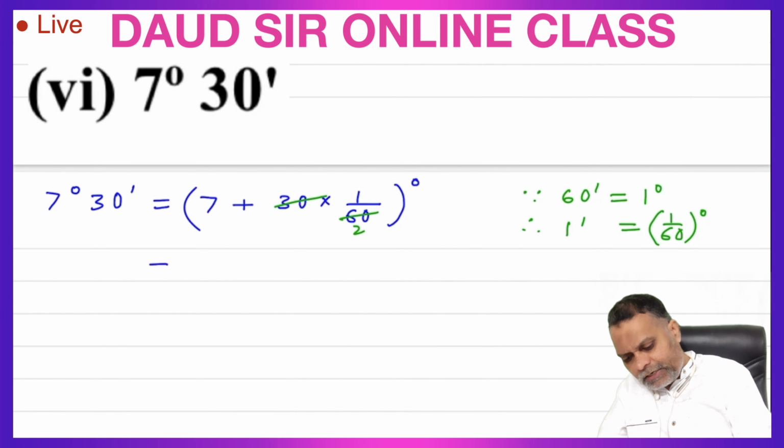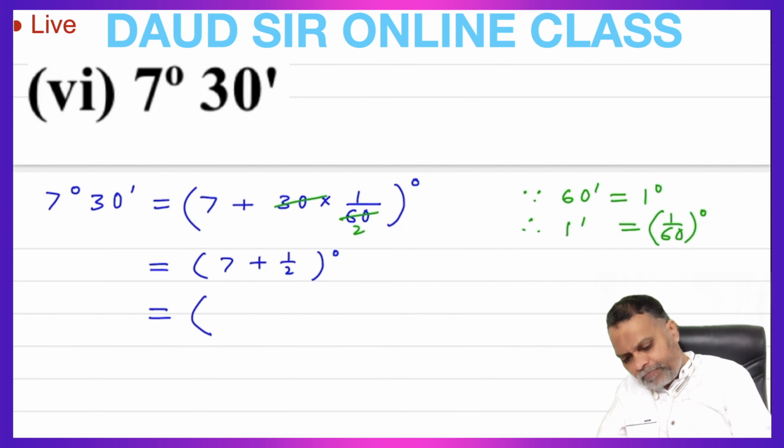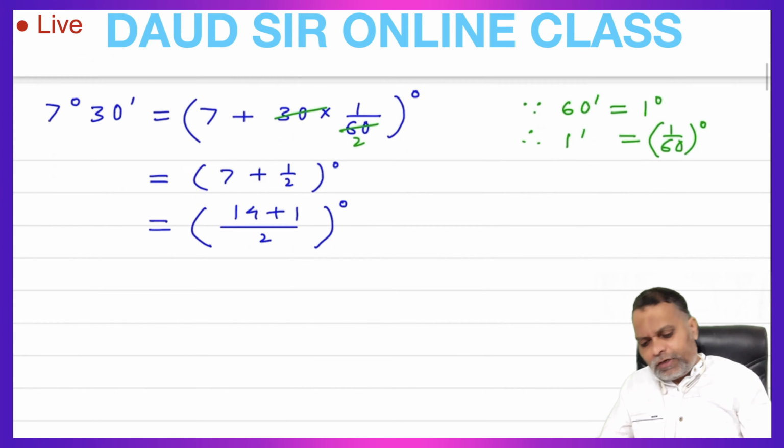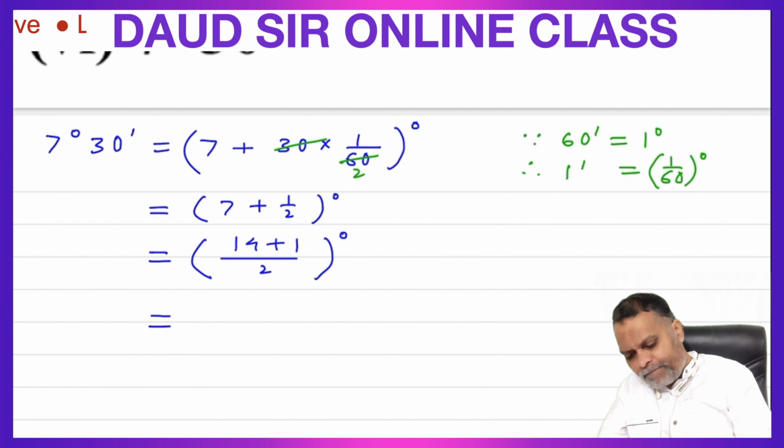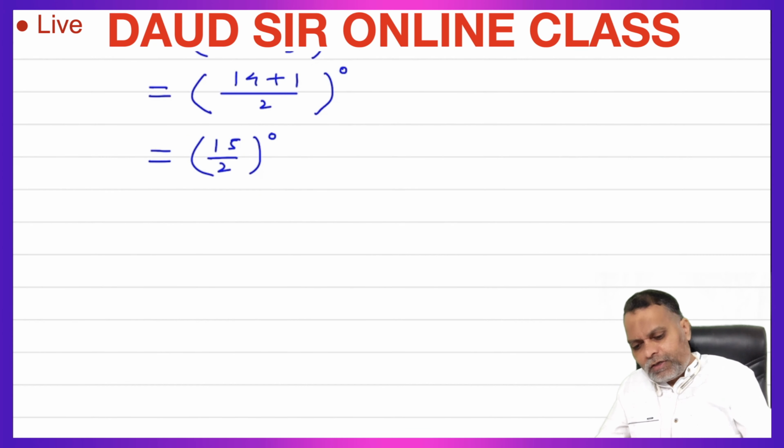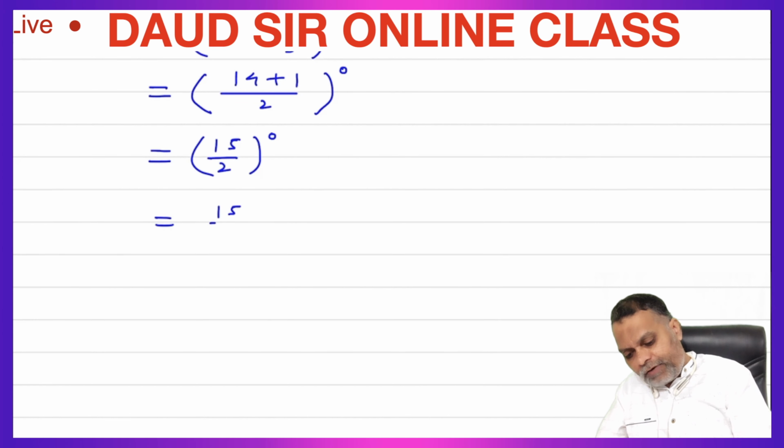So this we can write 7 plus 1 upon 2 degree. Take LCM, 2 LCM, 7 2s are 14 plus 1 degree, which is equal to 15 by 2 degree. Now we can convert this degree into radian, 15 by 2 multiplying by pi by 180.